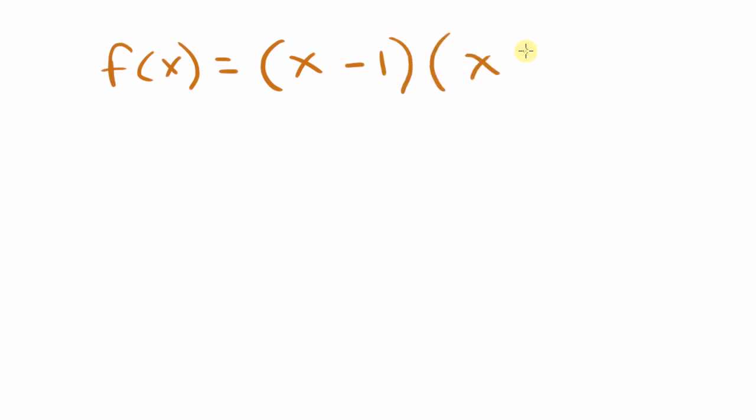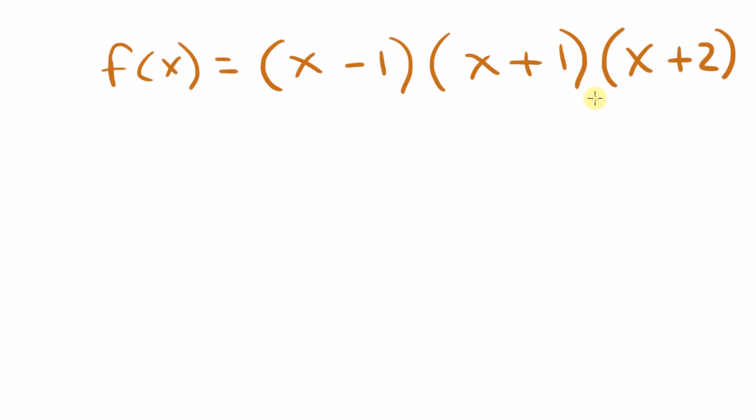That'll be easier to graph, and I won't have to do a whole bunch of math. Okay, so what if f of x equals, and I'm just going to make my own zeros, x minus 1, x plus 1, and x plus 2. So this is my function.